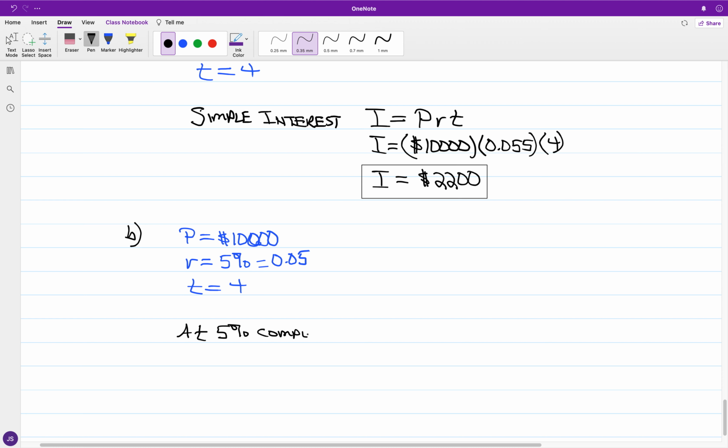So you're looking for the future value. Again, we have A is equal to P times e raised to the R times T. For P, we have $10,000, times e raised to the 0.05 times 4.